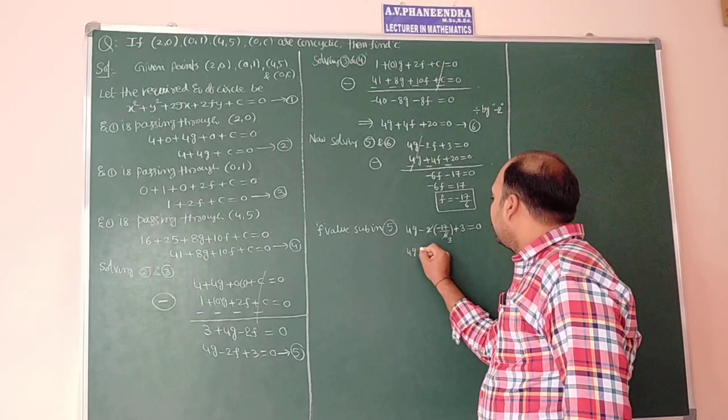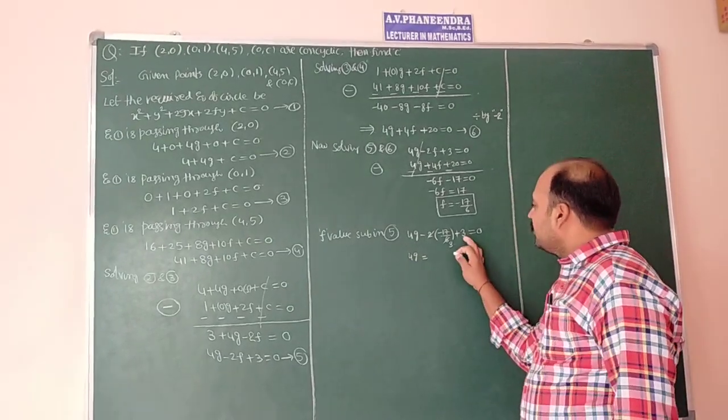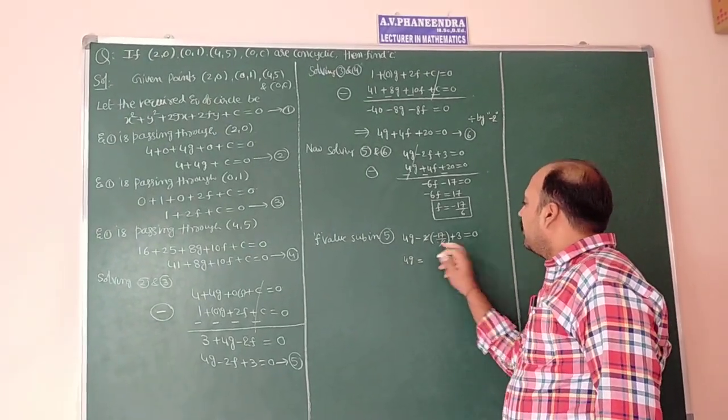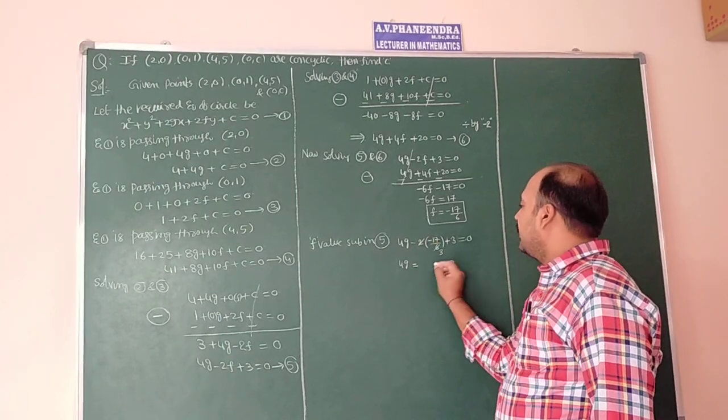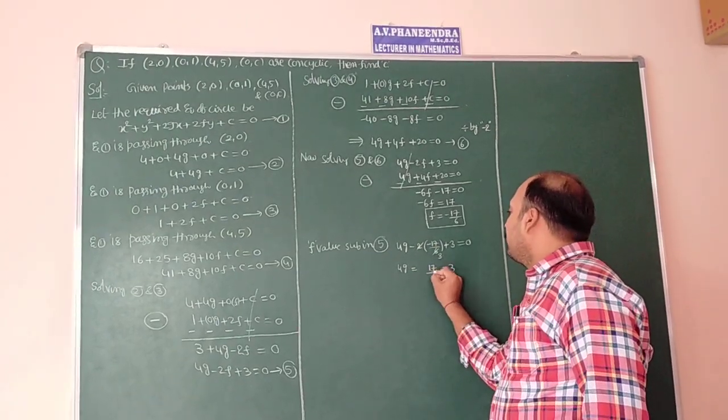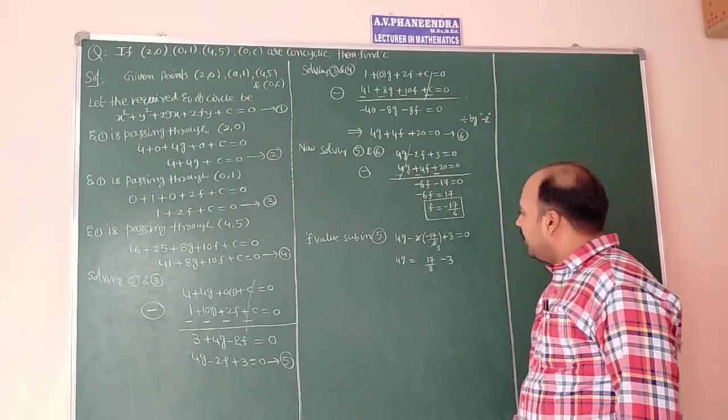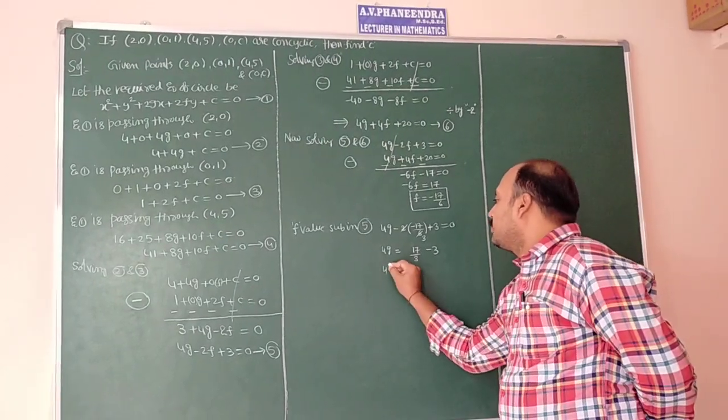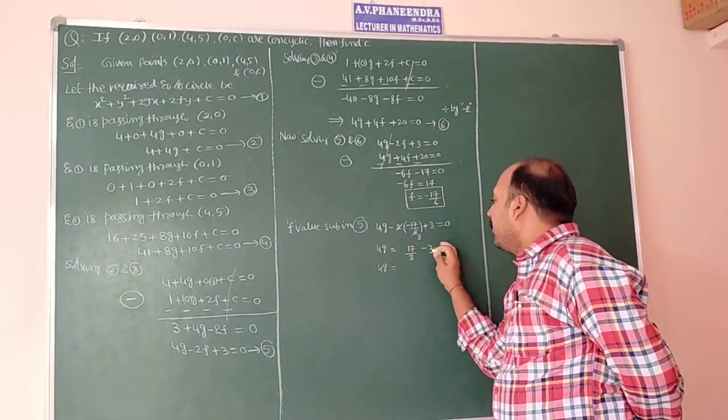So 4z is equal to, we can take this side minus 3. Minus into minus is plus, we can take this side minus 17 by 3. So 4z equal to 17 minus 9.